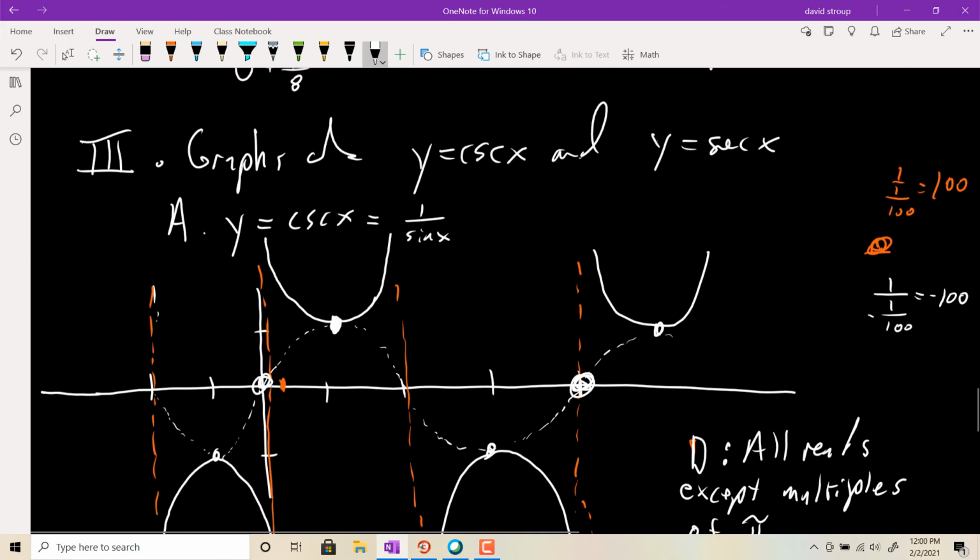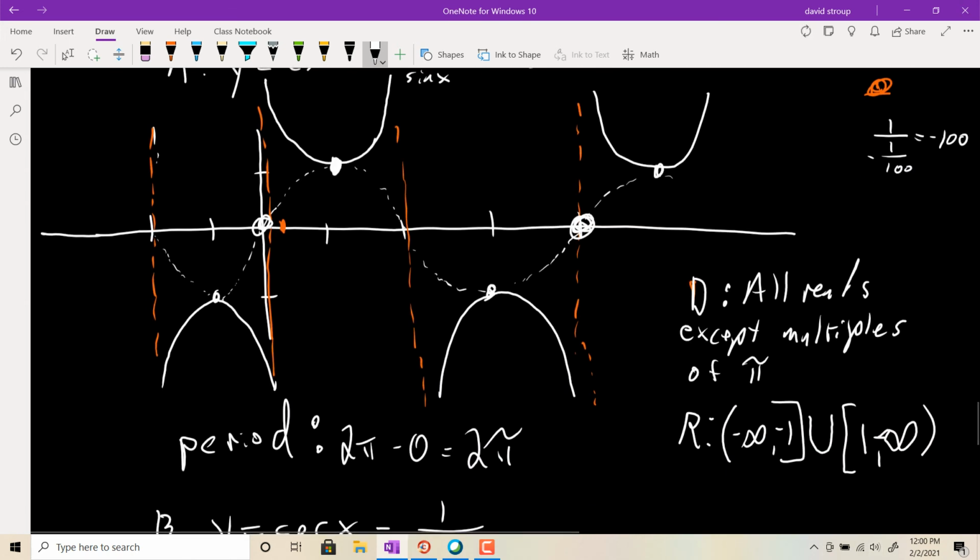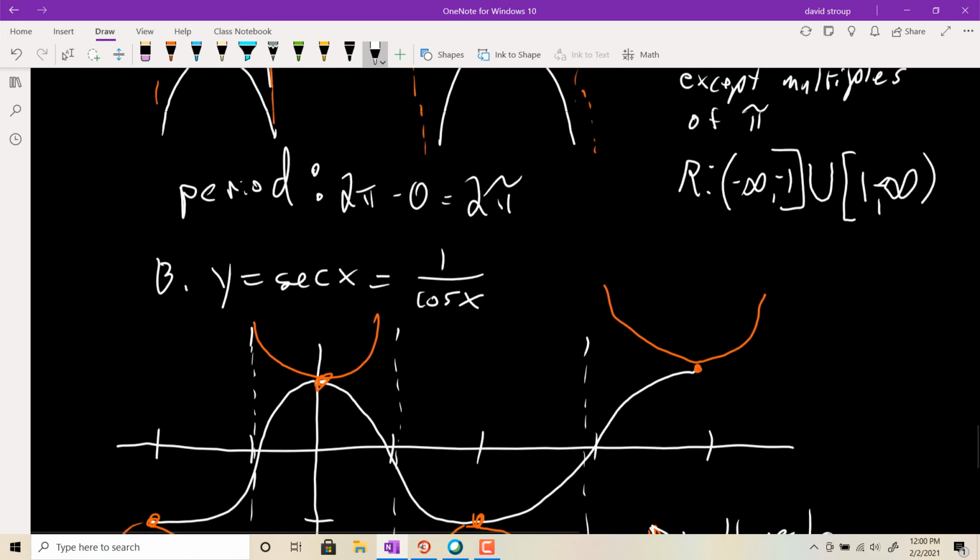Maybe I should say that here. When you're doing your period work and your phase shift work, you want to use 0 to 2 pi. And again, I don't use the less than or equal symbol because there are asymptotes we're dealing with. And likewise here, the quote-unquote period, 0 to 2 pi. So it's just like the sine and the cosine, except we exclude the endpoints.